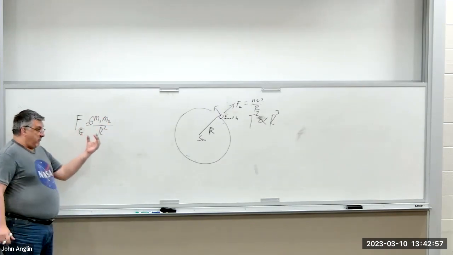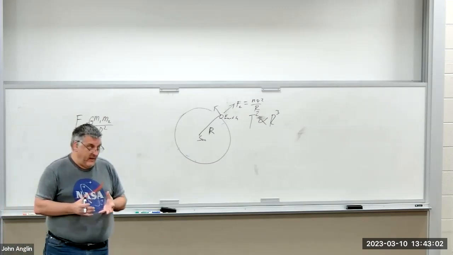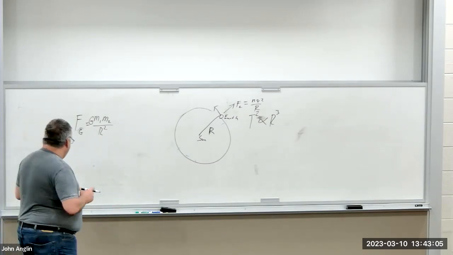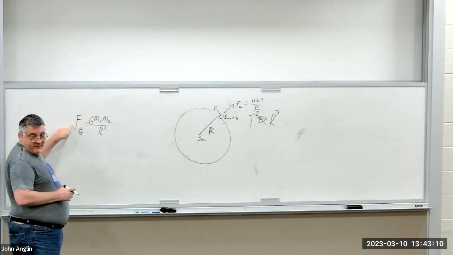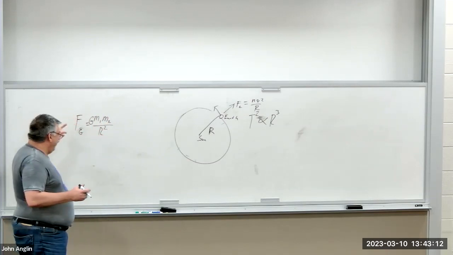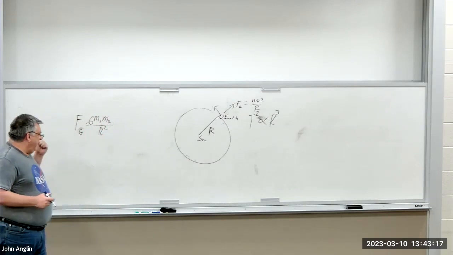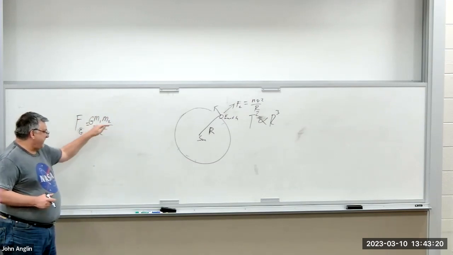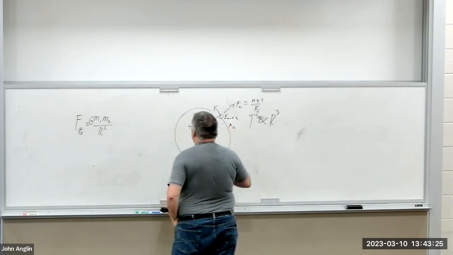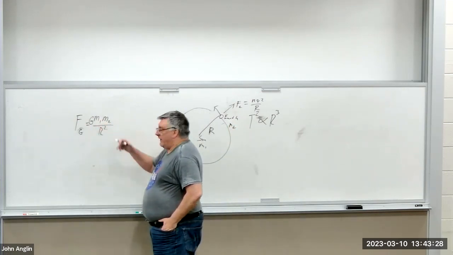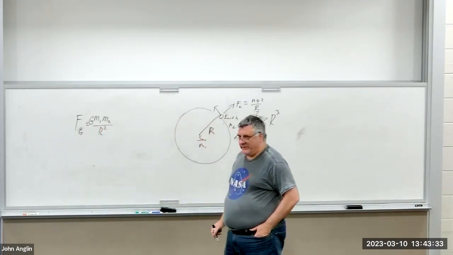This kind of describes gravitation in general. It is a constant that has to go in here to make this work out, because this force is in newtons, right? Because it's a force. It's got to be in newtons, but the gravitational force is dependent on the mass of the two objects. So we'll call the sun M1 and the Earth M2. So M1 times M2, and then R squared is the square of the radius.